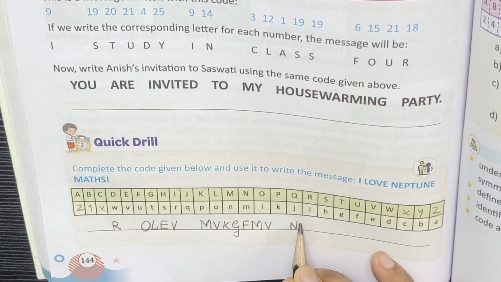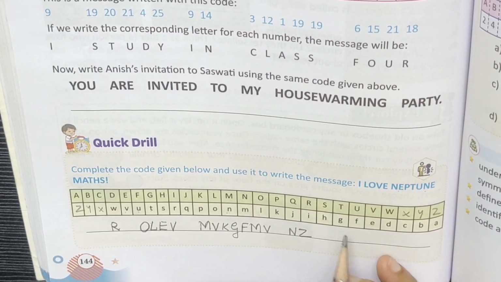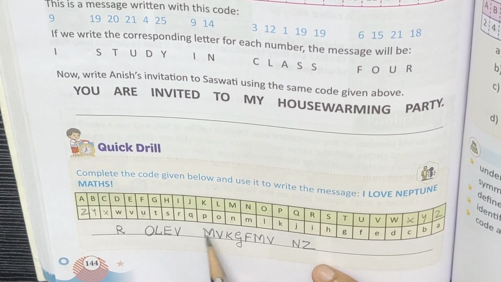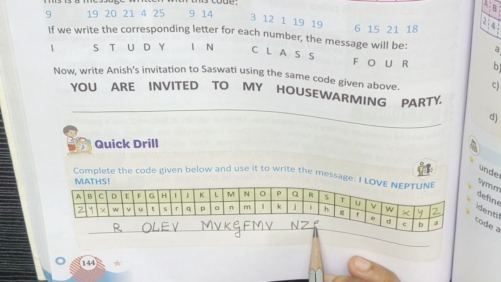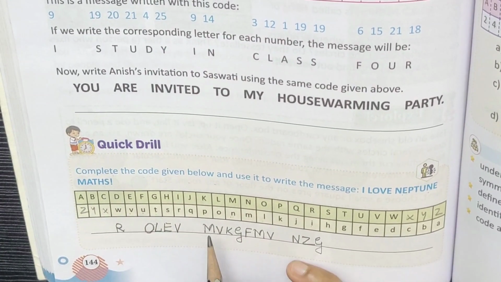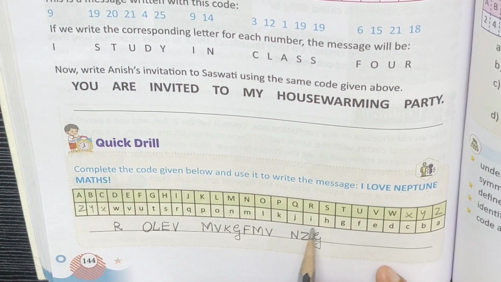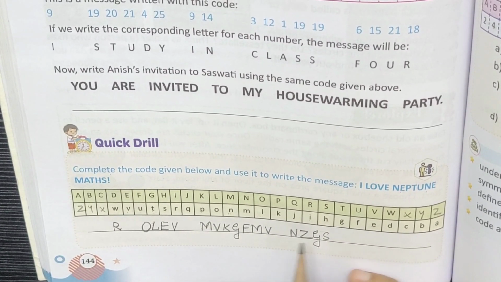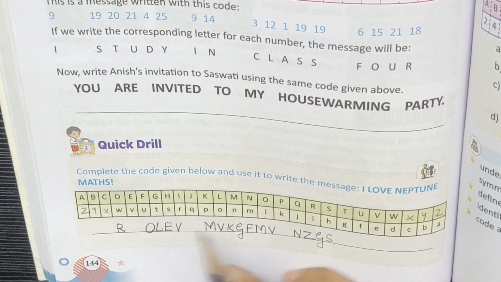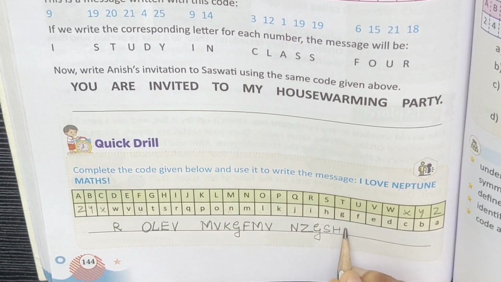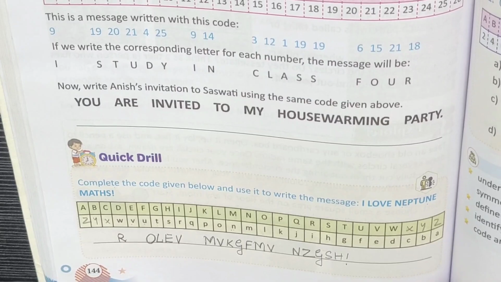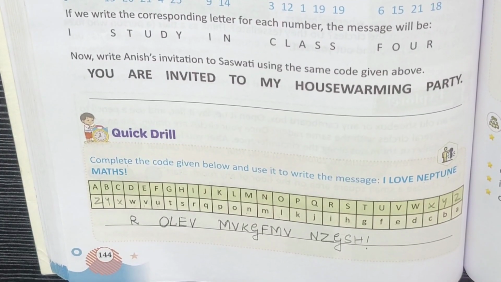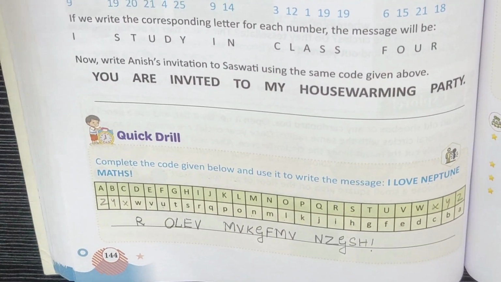Then T, G, H, S, S, H. Understood? Like this we have to complete the codes, right?